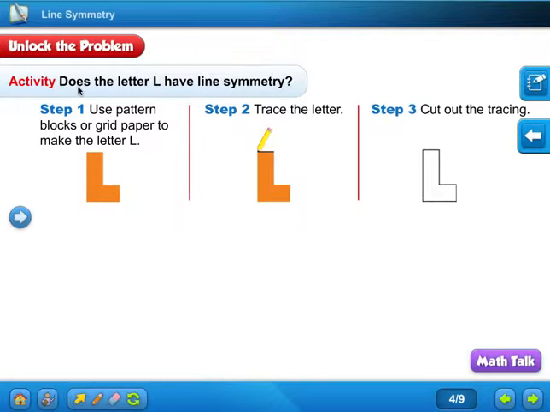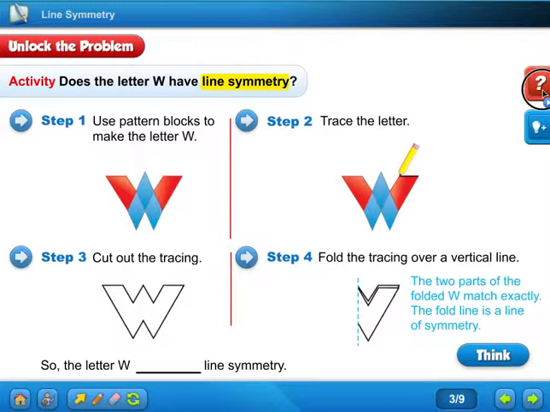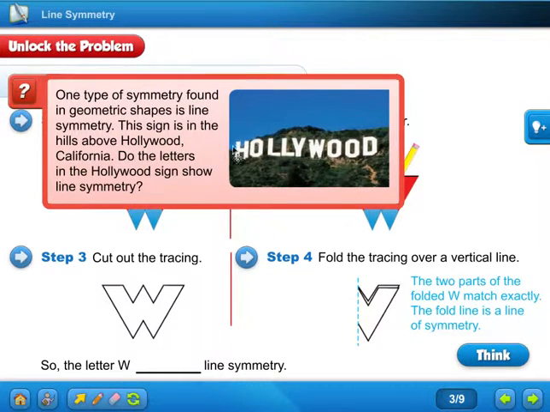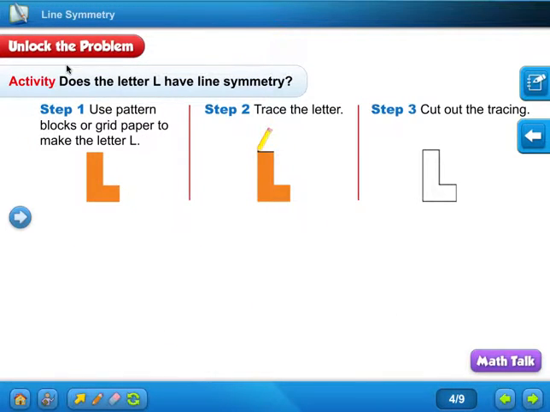So does the L, they're just going out of order. If you see though, in Hollywood, we just did the W, and now they're going to do the L. So let's look at the L. So again, activity, does the letter L have line symmetry?